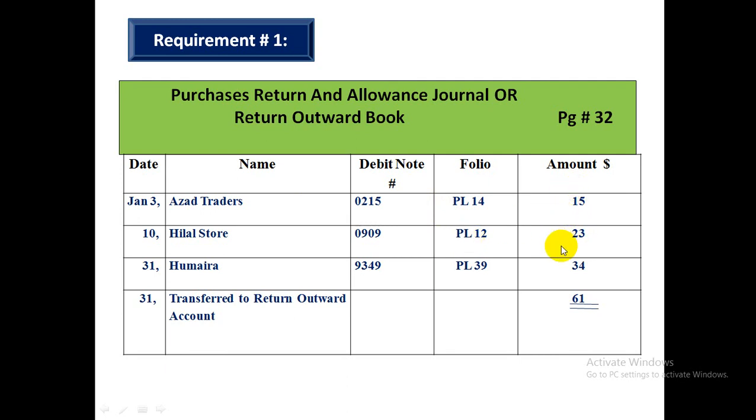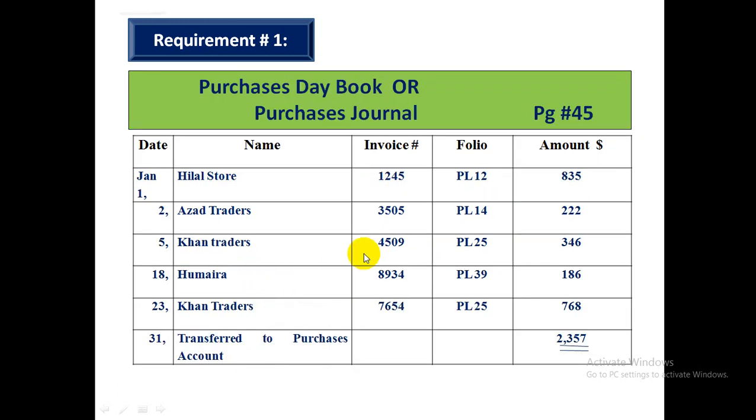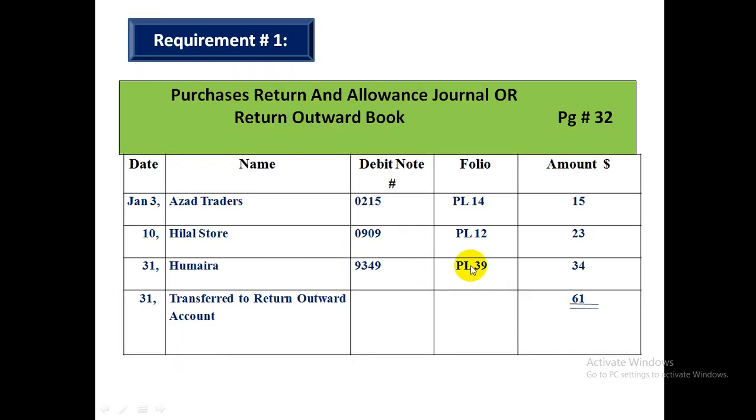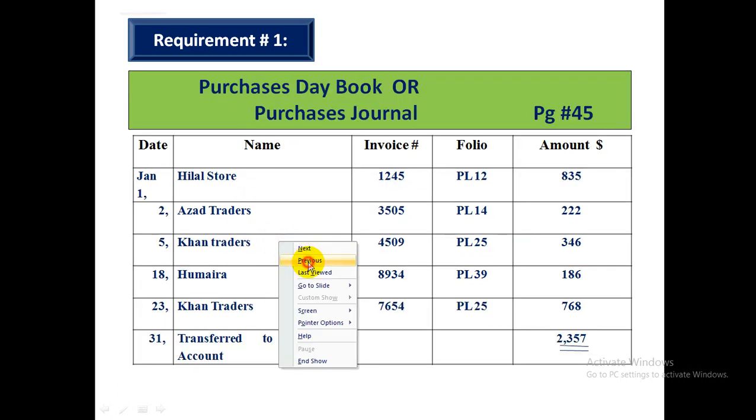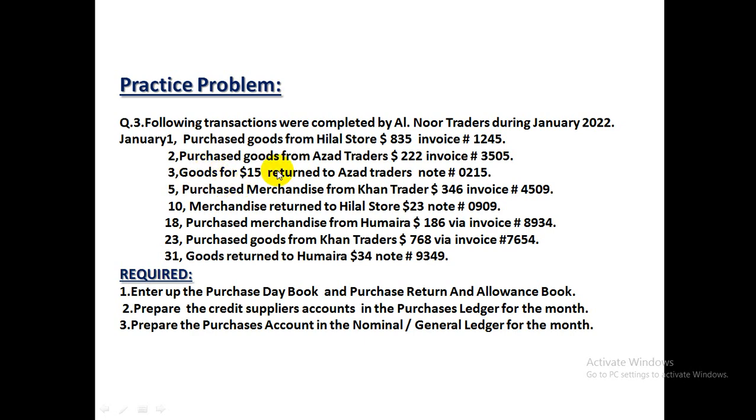Amounts we had taken from the question, debit notes we had taken from the question. For Humera we had used the folio number 39, so use the same number which you had assumed for Humera in the purchases book. Only 3 transactions are given in the question about returns.